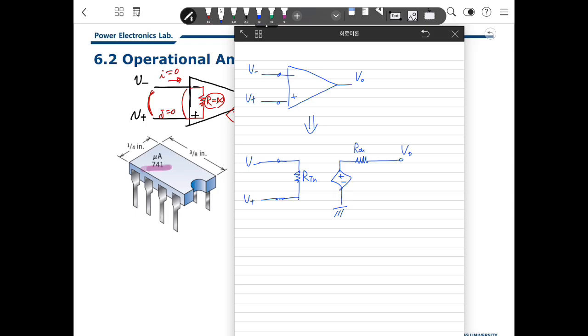So this is R out, and this voltage source is A times (V plus minus V minus). So this is the equivalent model of the op-amp.